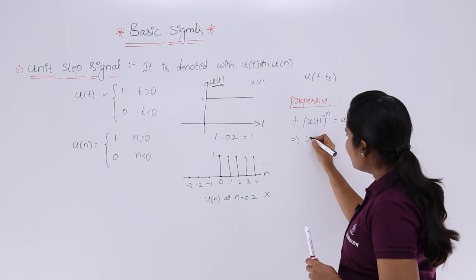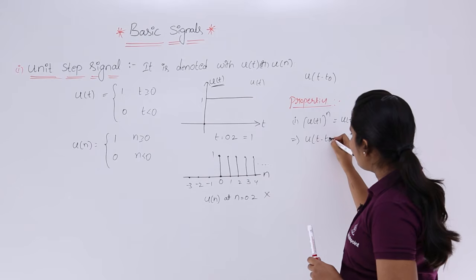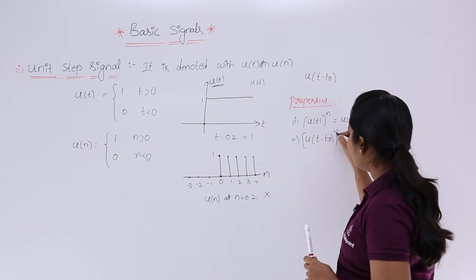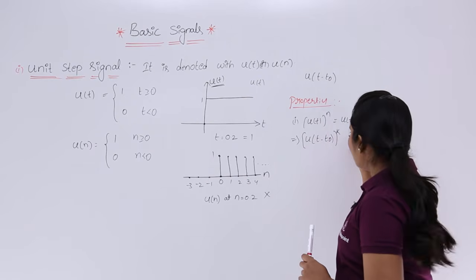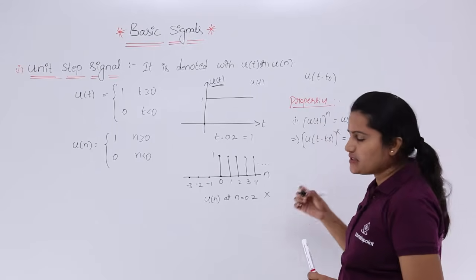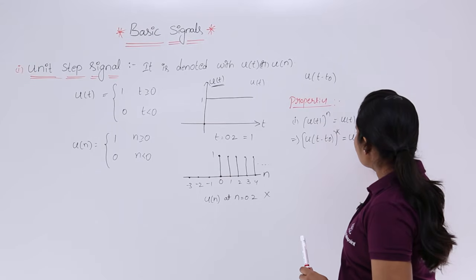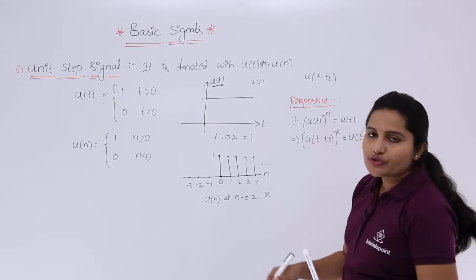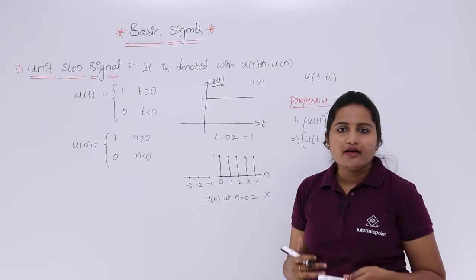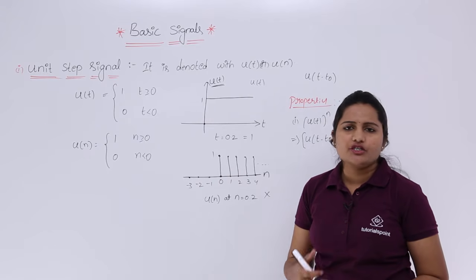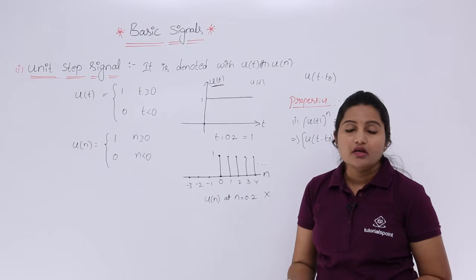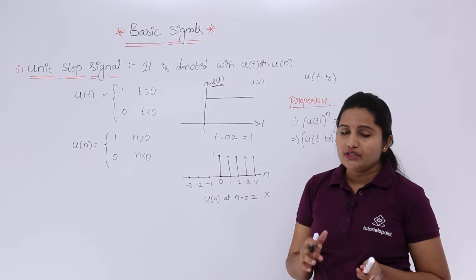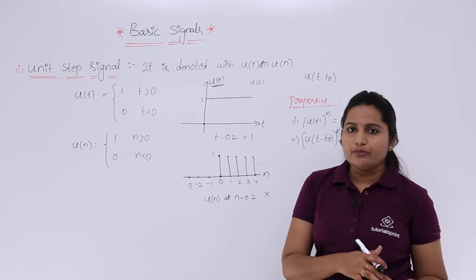That implies u of t minus t naught whole power n or k, with any power, is equivalent to the same u of t minus t naught. So if you square or cube your unit step function or shifted unit step function, you get the same function you had before.